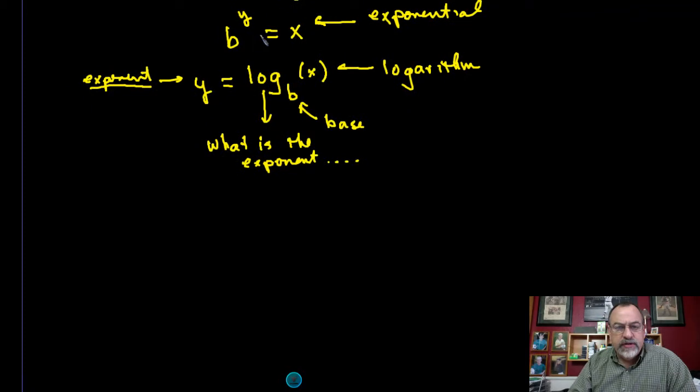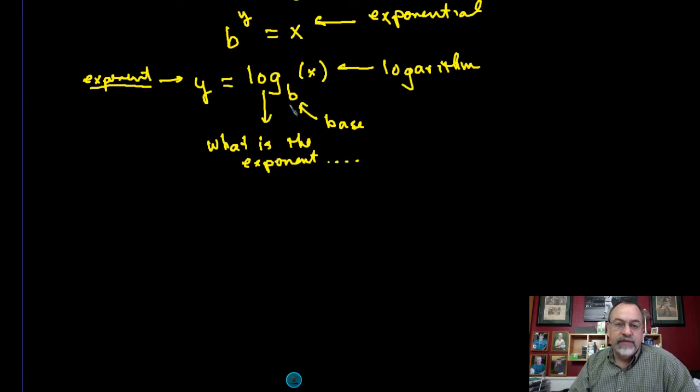With these two expressions, you can see that we have the same pieces in play, they're just in different places. So the base of the exponential expression is the base of the logarithmic expression. The exponent of the exponential expression is the exponent of the logarithmic expression. And the value that you get when you raise this base to this power is the value that goes here in the logarithmic expression.